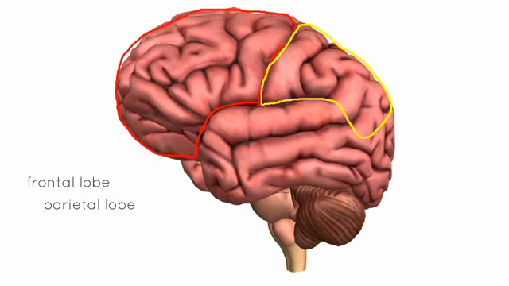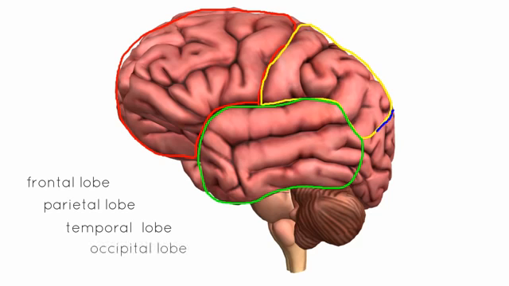And this is called the parietal lobe because it lies under the parietal bone. And inferior to the lateral sulcus, which I'm drawing on in green, we've got the temporal lobe. I'm just outlining the temporal lobe here, and it runs like that. And right at the back we've got this lobe here, called the occipital lobe, which I've just outlined in blue.